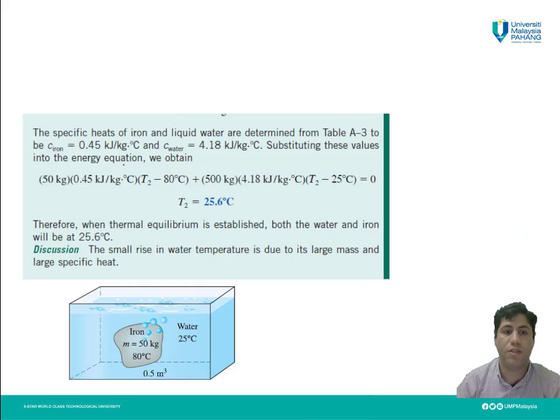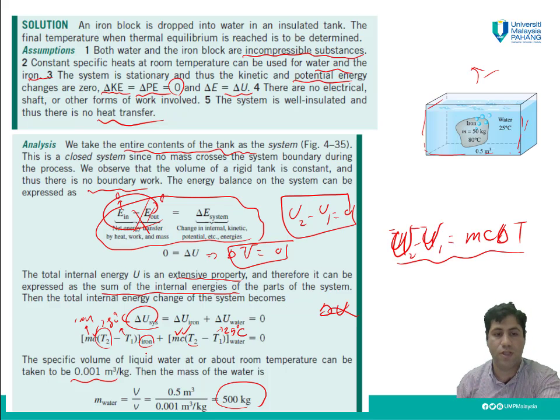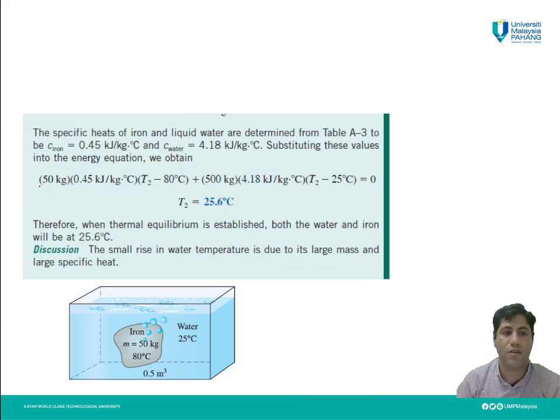Then if we substitute in this equation, we have the mass of the iron, specific heat of iron, T2, the equilibrium temperature, which we don't know, and the initial temperature of the iron. Again, mass of water, specific heat of water, T2 we don't know, and the initial temperature of water.